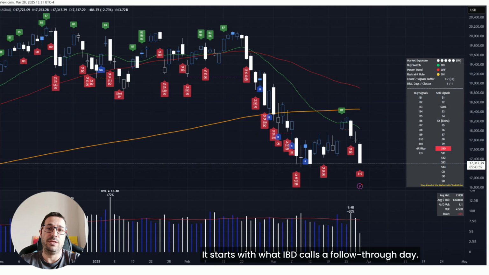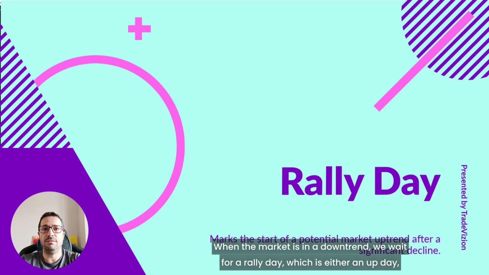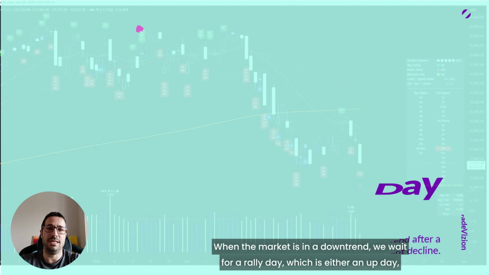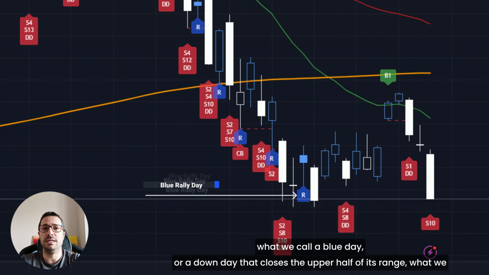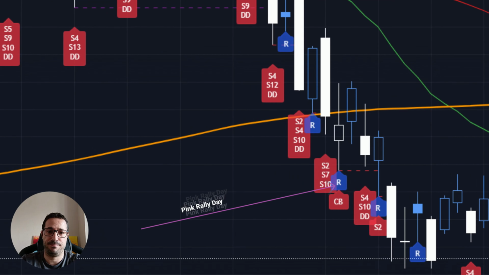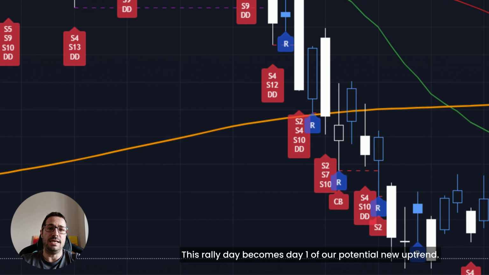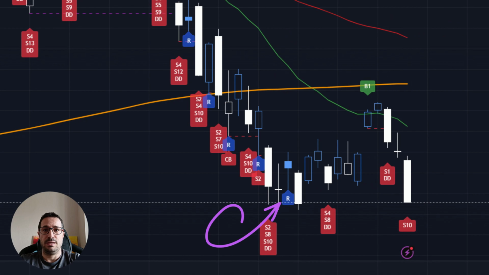It starts with what IBD calls a follow-through day. When the market is in downtrend, we wait for a rally day, which is either an up day, what we call a blue day, or a down day that closes in the upper half of its range, what we call a pink day. This rally day becomes day one of our potential new uptrend.